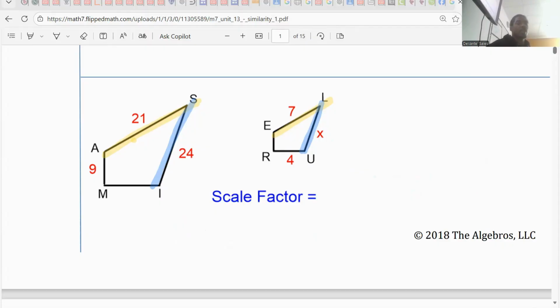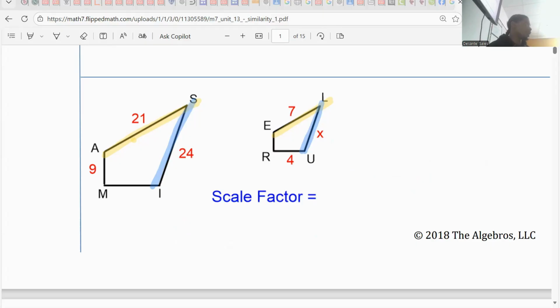We already said AS is equivalent to EL. So if I go from 21 to 7, what did I do? I didn't multiply. I divided by what? 21 divided by 3 is 7, which means I divided by 3. So if I take 24 and divide it by 3, what would that give me for X?